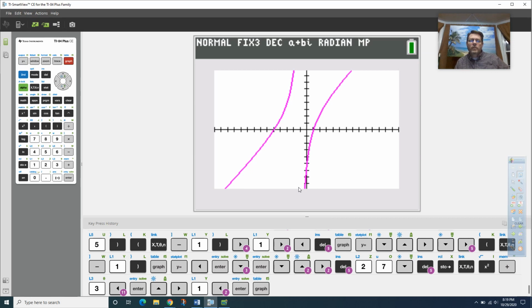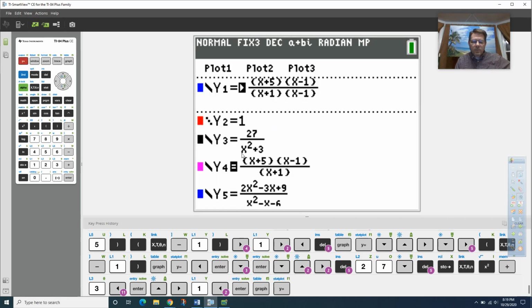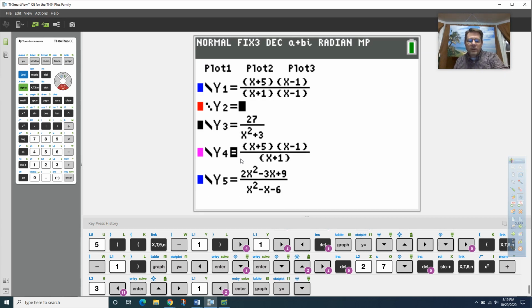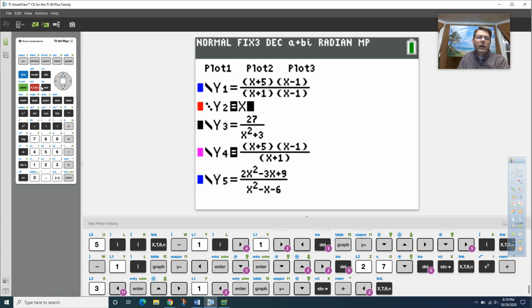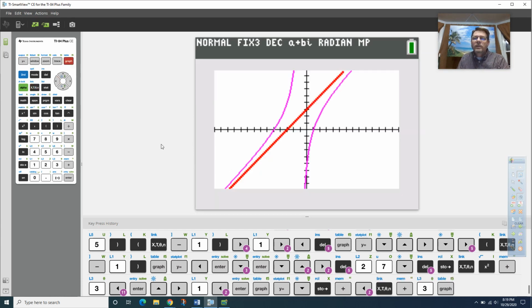Okay, let's go back down to this, and let's put in that thing. It was x plus 3. Now look at our graph. See how that guy's going straight across there?